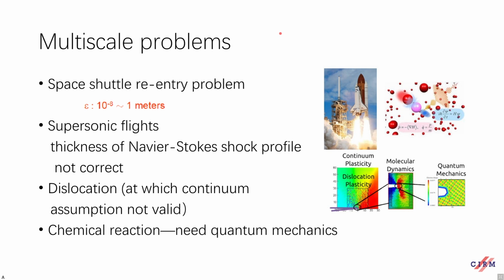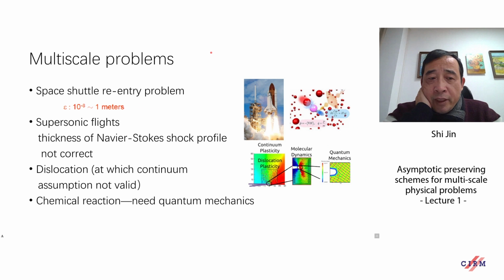Now let's come to why we care about this so-called multiscale problem, multiscale computation. There are a few examples where we encounter multiscale phenomena. The most famous one is simulating, for example, the space shuttle reentry problem. When the space shuttle is in orbit at very high altitude, the mean free path is very large.